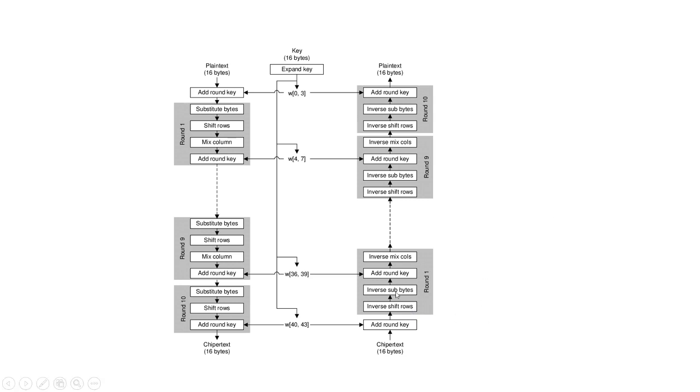All of these can be inverted, and add round key doesn't have to be inverted because it is an XOR operation. So all the other transformations can be inverted, the decryption process is very simple, and the plain text is obtained. This is all about AES encryption and decryption.